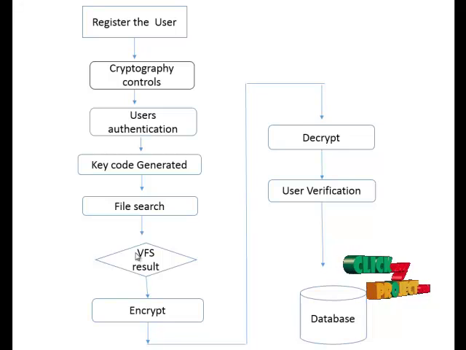Security is a crucial part of cloud computing. We have more than one security-based component used in cloud computing, and cryptography is one of the crucial parts of security. Cryptographic means encrypting and decrypting the data. In the encryption part, the file is encrypted to hide the details.